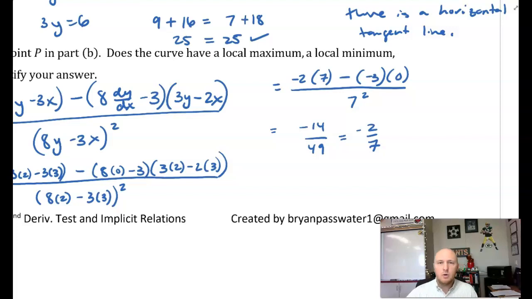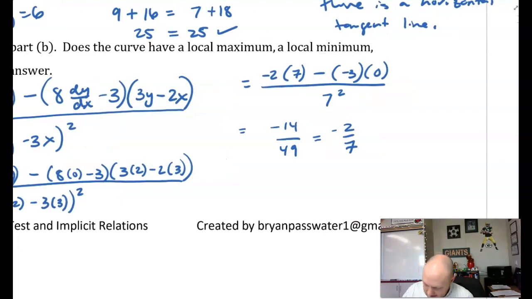So what does that tell us? Well, that is less than 0, which implies that this is concave down. So at point P, there is a local maximum.